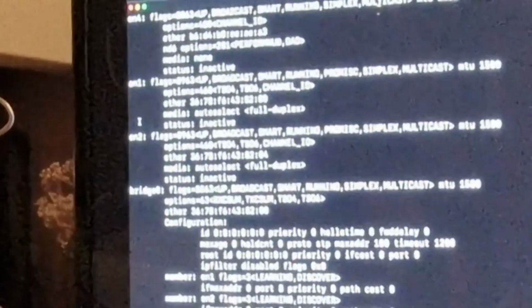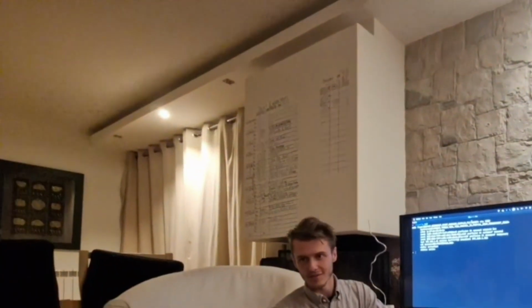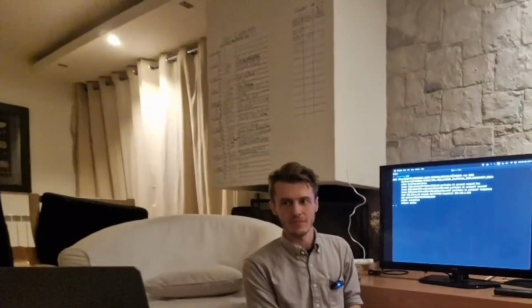You will have to find the right one. In my case it's called en0, sometimes also called eth0, sometimes wifi0. Again, a technical detail. Then it will give you the details, the IP addresses of your device, usually in the local network, because you usually are in a local network. What that means, I will explain in a minute.